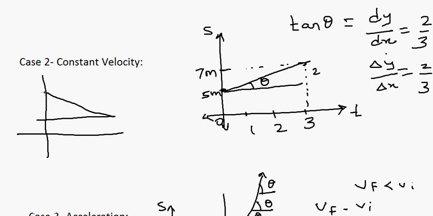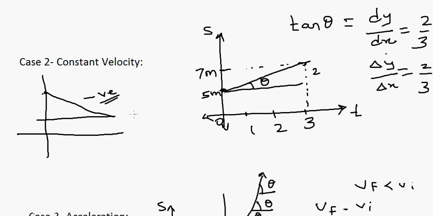This is the final position, and this is the initial position, and that's the final position. And this is the case where velocity is negative.